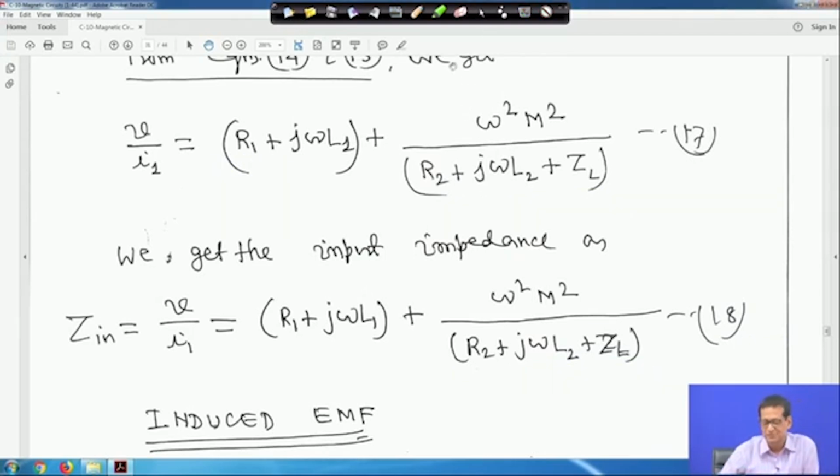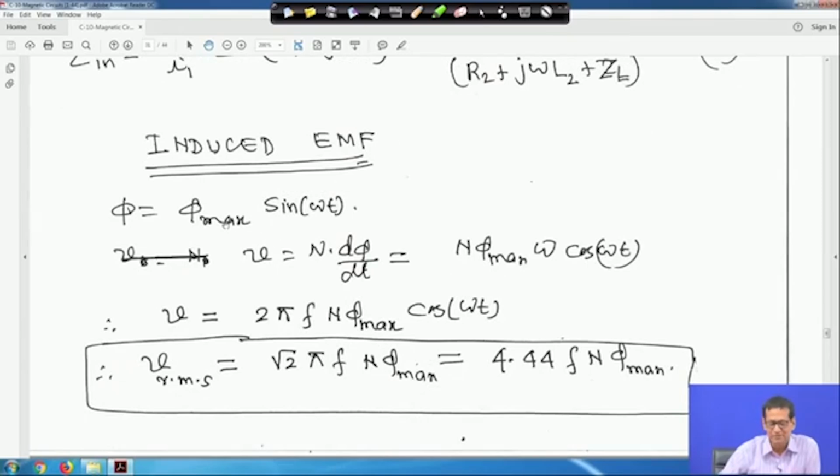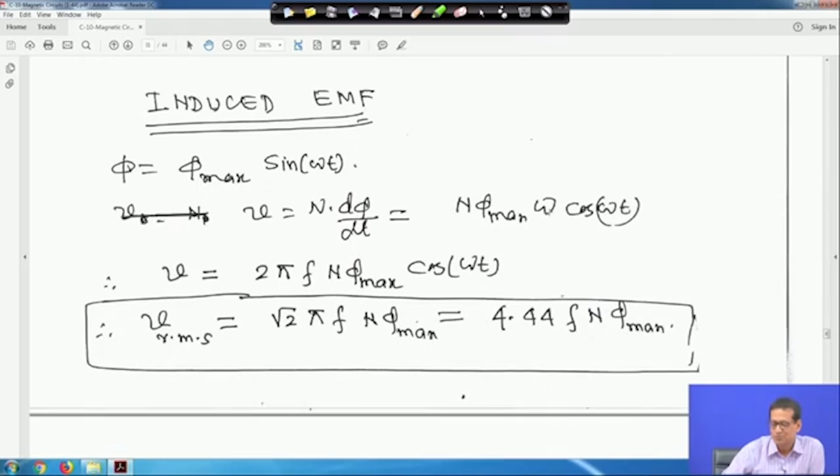Now next is induced EMF, a very simple thing. Suppose the flux is a sinusoidal, time varying one, phi equal to phi max sin omega t. So V is equal to n d phi by dt. If you take the derivative, you will get n phi max omega cos omega t, and omega is equal to 2 pi f. So V is equal to 2 pi f n phi max cos omega t. This is the maximum voltage.